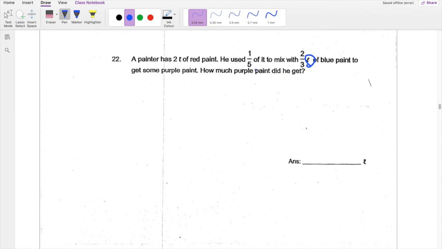Here we need to read the question very carefully, because some have units, while this one is a ratio, not a unit. But 2/3 liter is the exact amount, the volume. So how much do we get with 2 liters times 1/5, plus this one, 2/3.